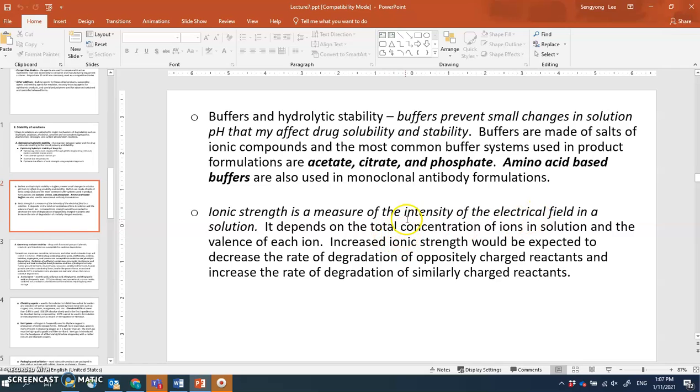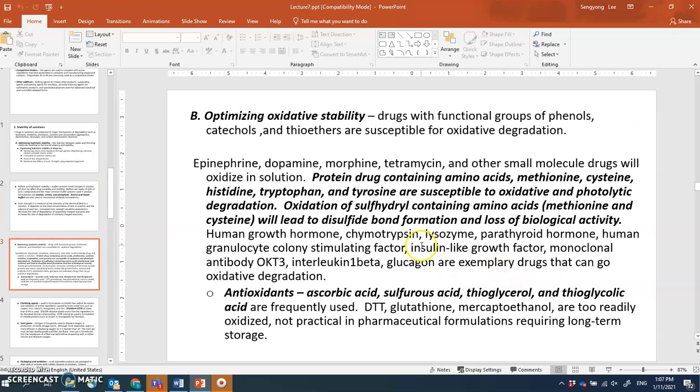Increasing the ionic strength would be expected to decrease the rate of degradation. But you don't want to add too much. Isotonic, like I said, is good. And then what else?